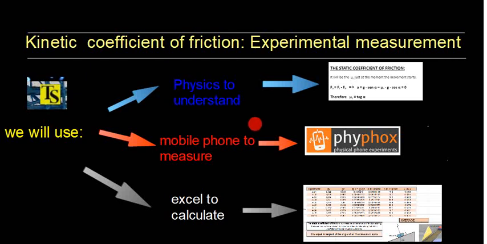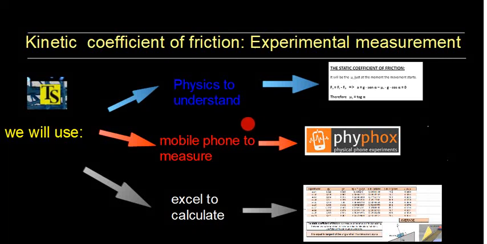Hello again. This is the second part of the explanation of the kinetic coefficient of friction, the experimental measurement of it. I have explained in another video, you may watch the physics fundamentals.